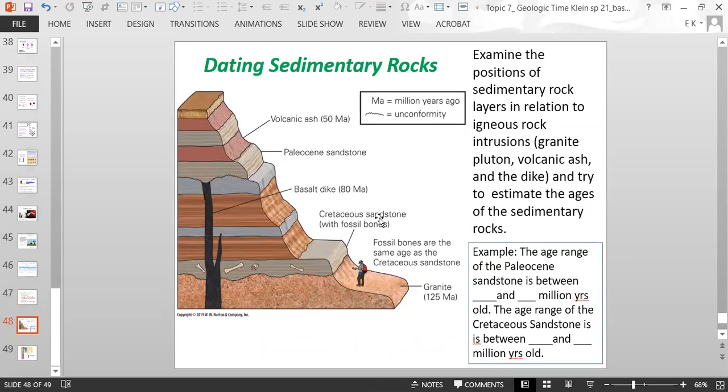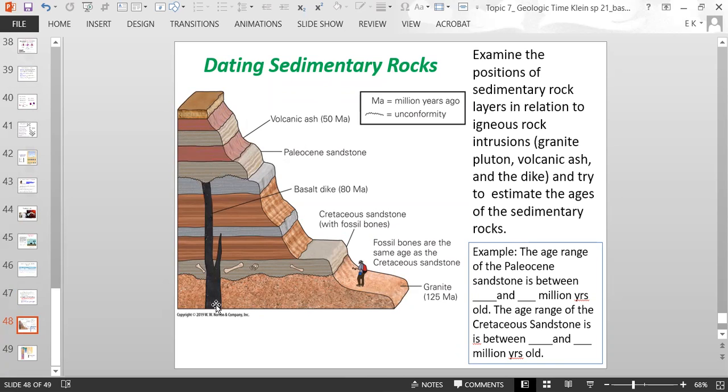So then we have this outcrop of mostly sedimentary layers, but then we do have this basalt intrusion here. So we can examine the positions of the sedimentary rock layers in relation to igneous rock intrusions or volcanic ash, things like that, which we actually do have up here. So this is volcanic ash.